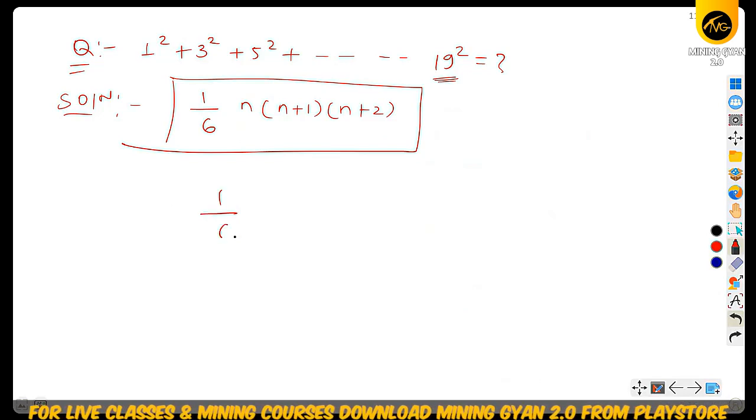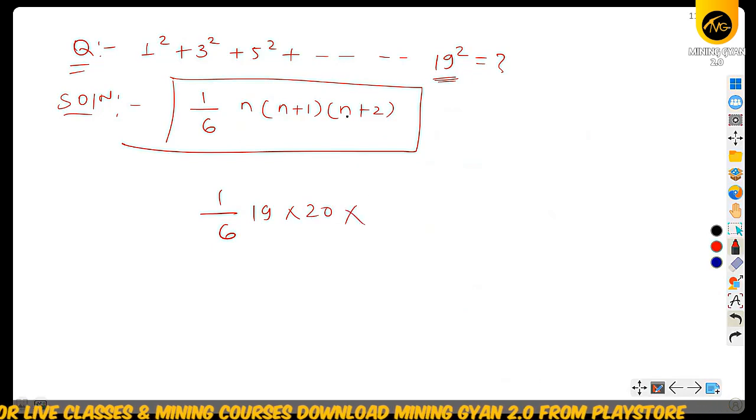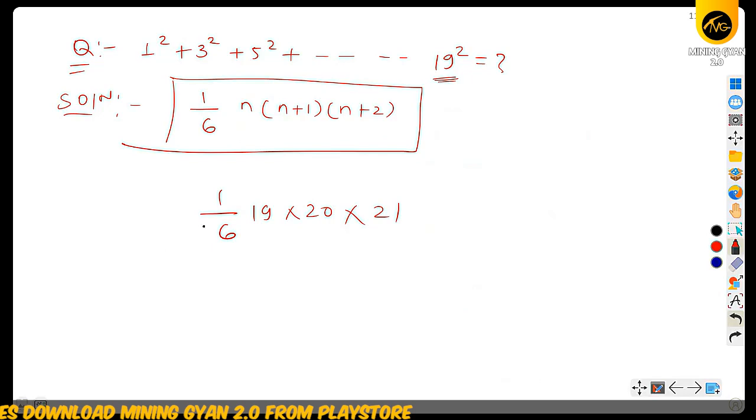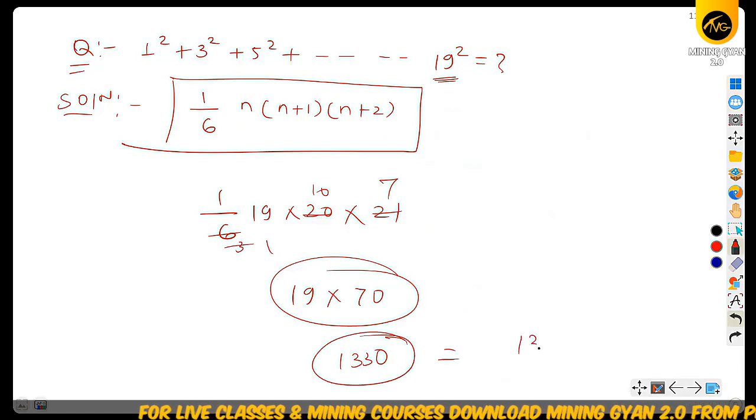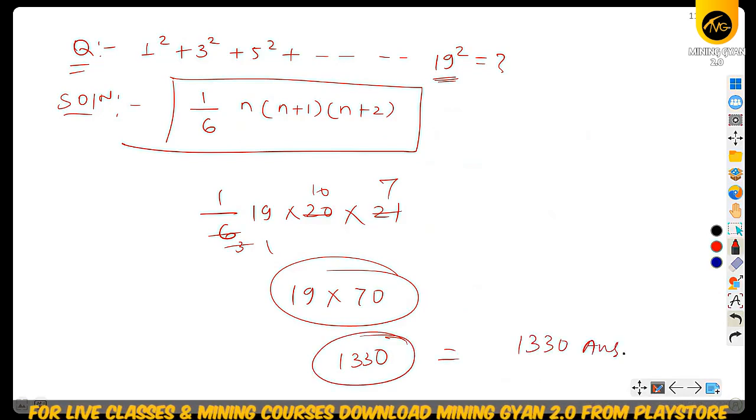So 1 divided by 6, what is n? 19, and 19 plus 1 is 20, and similarly 19 plus 2 is equal to 21. Clear? So 19 into 70. What is 19 into 70? 19 into 7 is 133. So 1330 is the final answer.